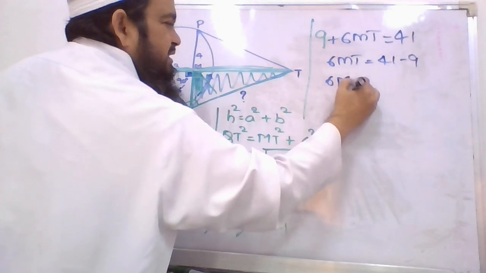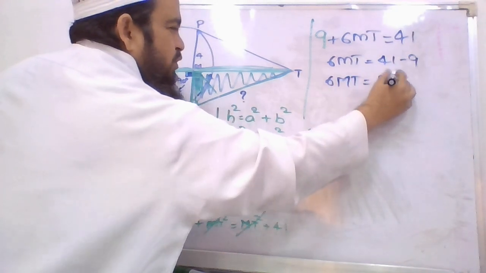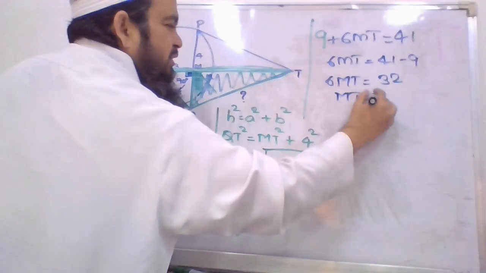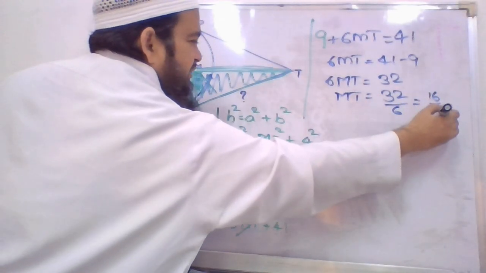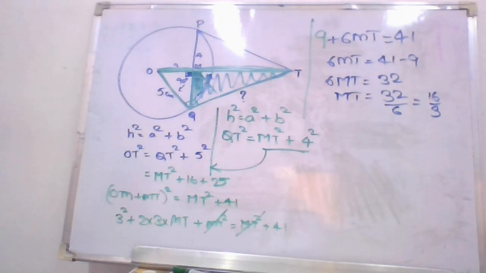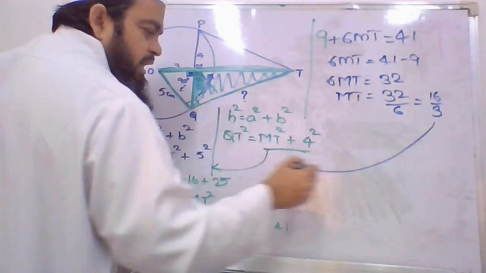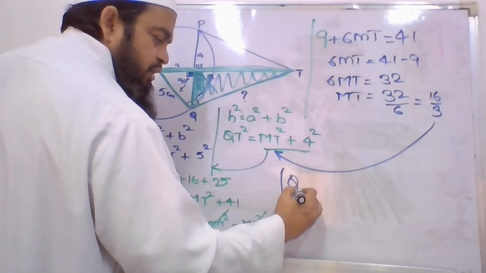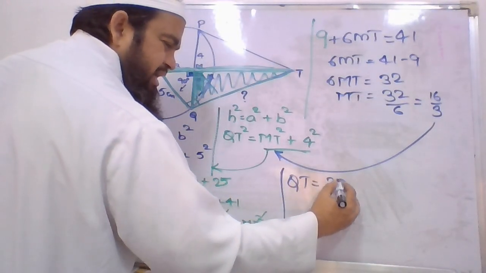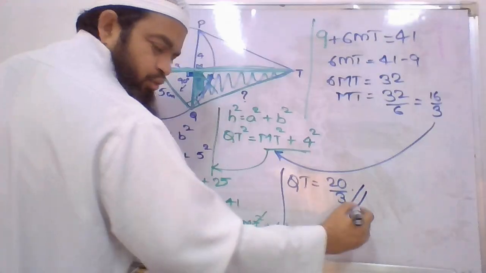So 6 MT is equal to 32. So MT is equal to 32 by 6. So I can take it as 16 by 3. And when I substitute MT in place of this, okay, I'll get QT as 20 by 3 once I solve.